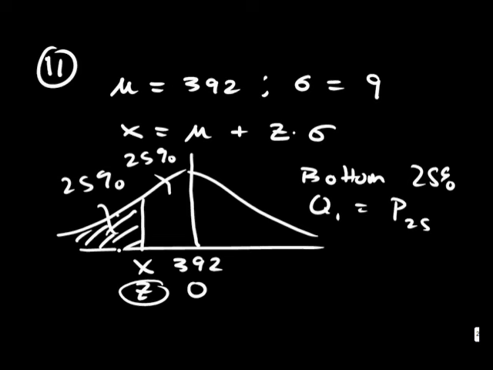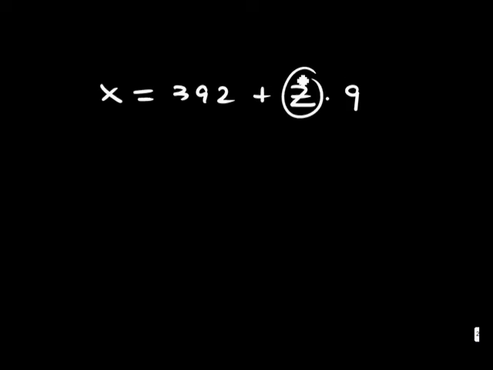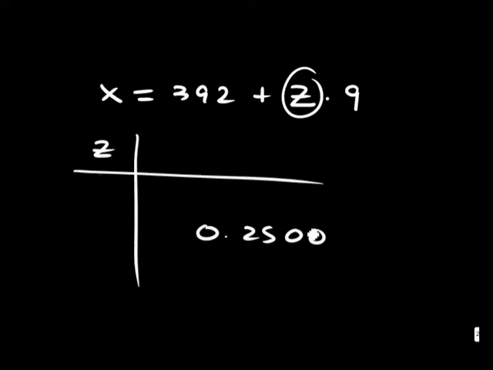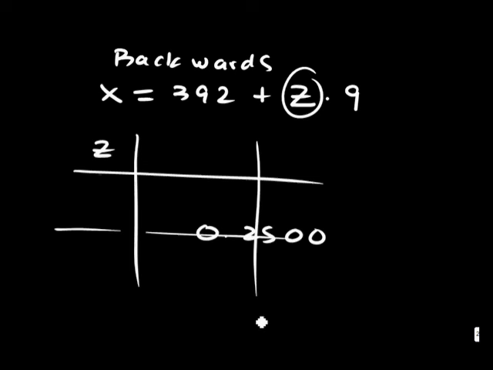So the backwards formula is X equals 392 plus Z times 9. Find the z-score associated with 25%. Working backwards, I have to find a row and a column associated with 25%. Now to be clear, it's this picture.